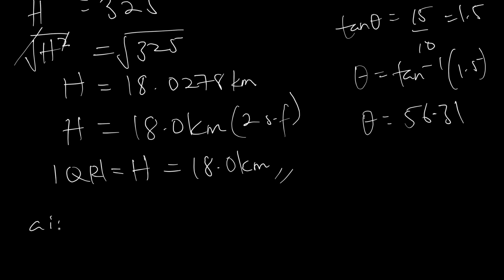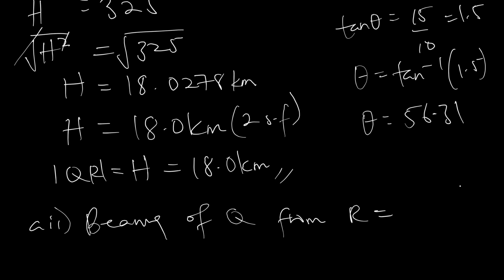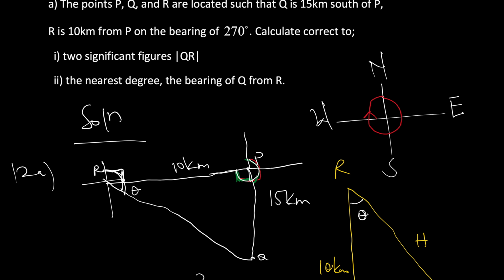So for 12AII, we can say that the bearing of Q from R is equal to, from here to here, which is 90, plus from here to here, which is theta.